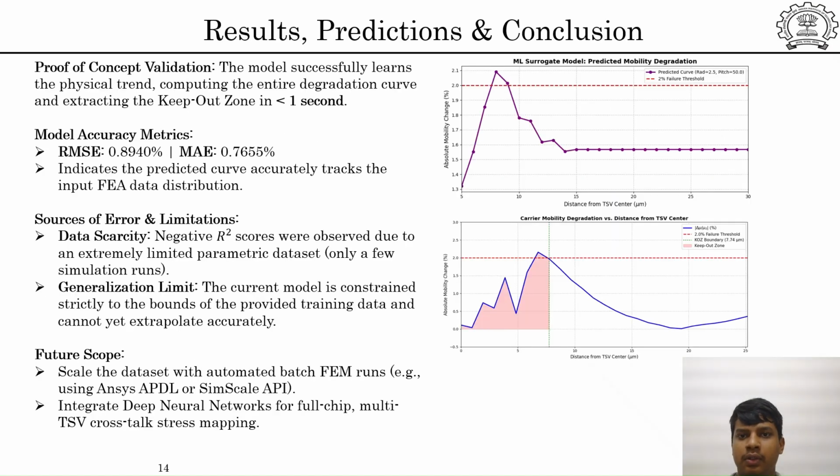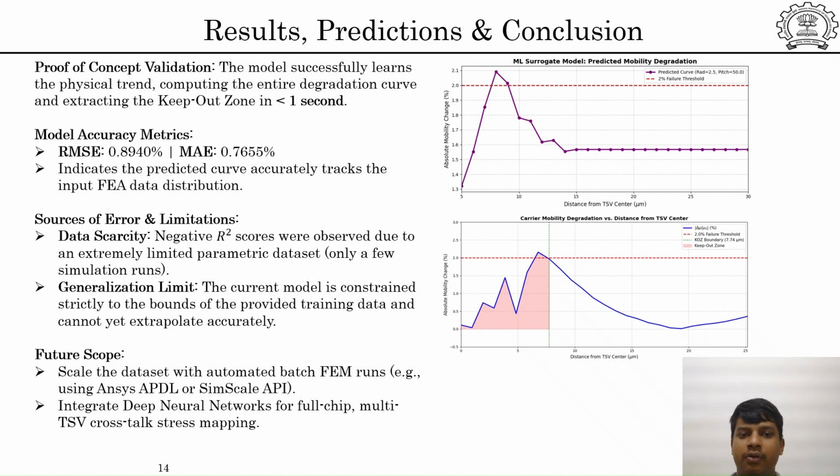Results, prediction, and conclusions. The model successfully learns the physical trend and gives the mobility behavior in less than 1 second. Here you can see the model prediction on top, and this is the 3D FEM simulation. From 5 micrometer to 30 micrometers, the behavior is quite similar. Root mean square error and mean absolute error are actually quite good.